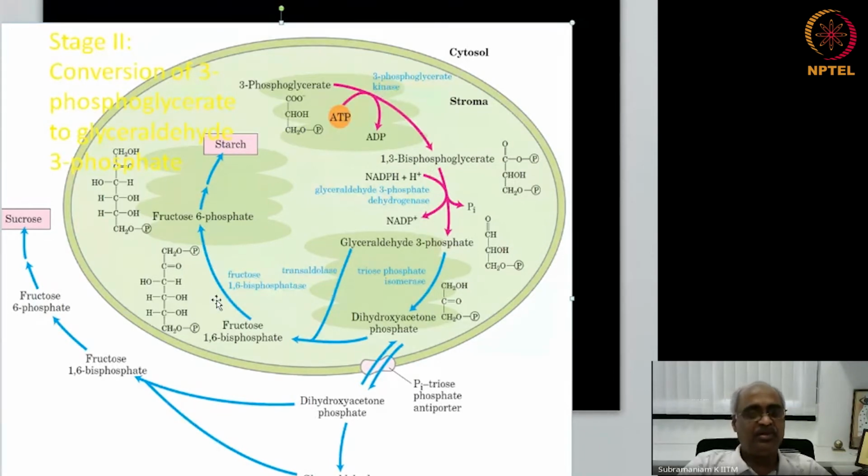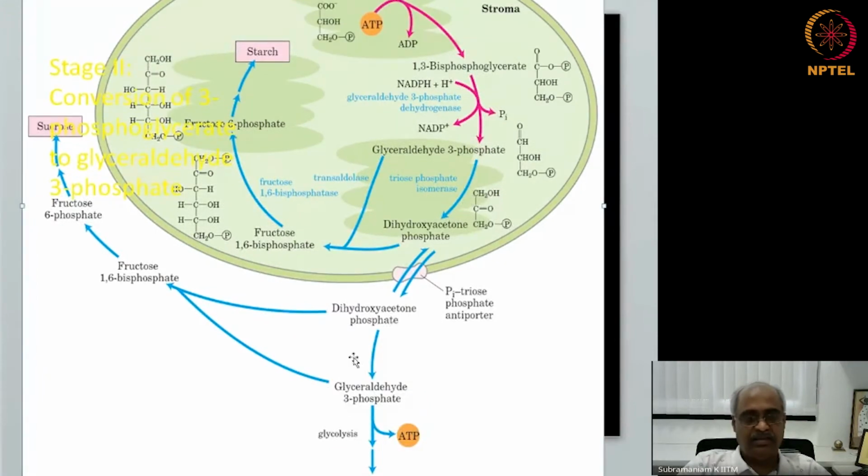And another one is it may be transported out via this inorganic phosphate triose phosphate antiporter, and the dihydroxyacetone phosphate that comes out again undergoes isomerization to glyceraldehyde 3-phosphate, and this might get into glycolysis to produce ATP.